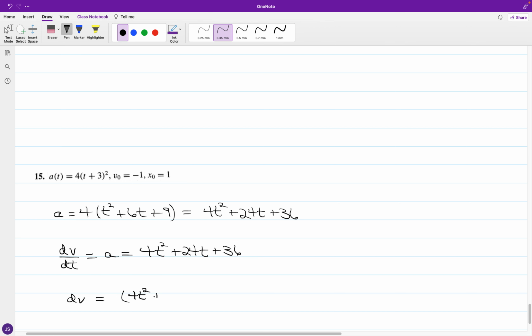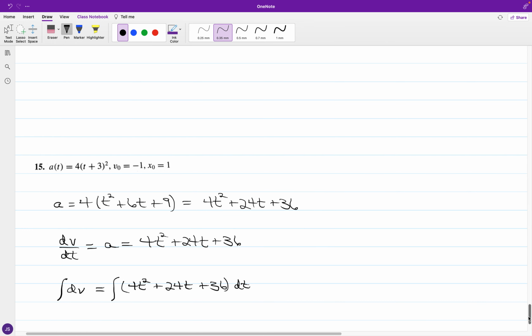So you have that dv is equal to all of 4t squared plus 24t plus 36 quantity dt, and integrating over both sides.